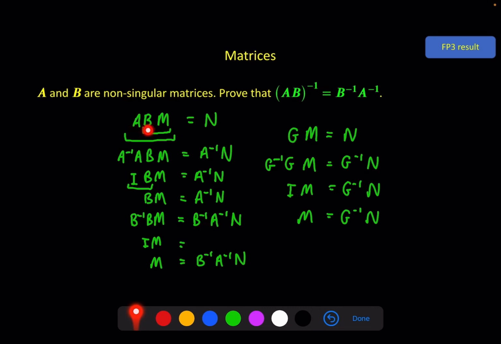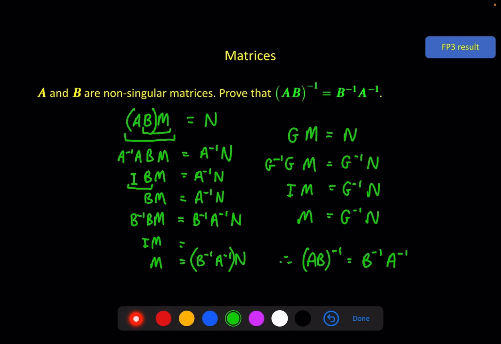If I say let AB equal G and go through the usual process, we get the inverse of G here. So the inverse of this in brackets is equal to this here. And if you wanted to put brackets there, you could. Therefore, the inverse of this is equal to this.